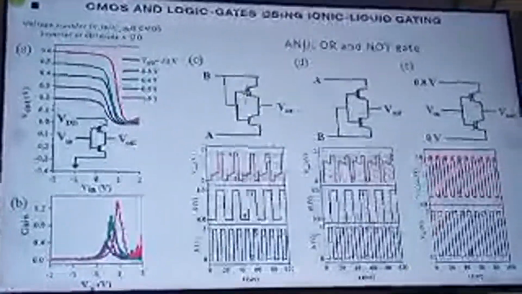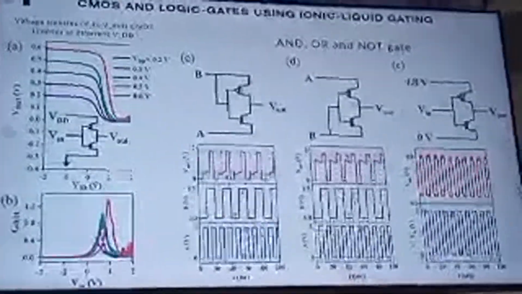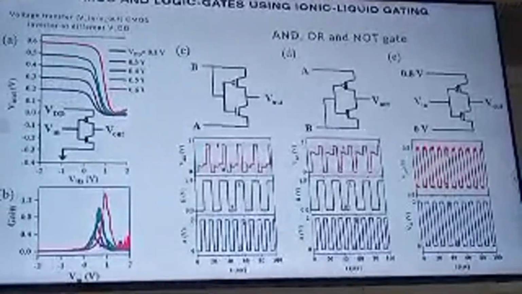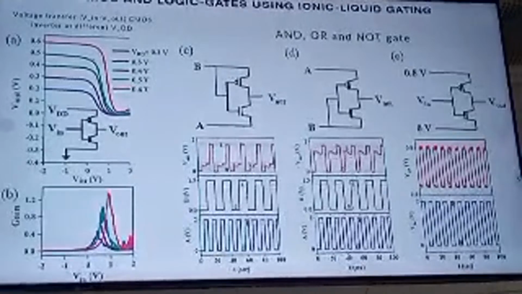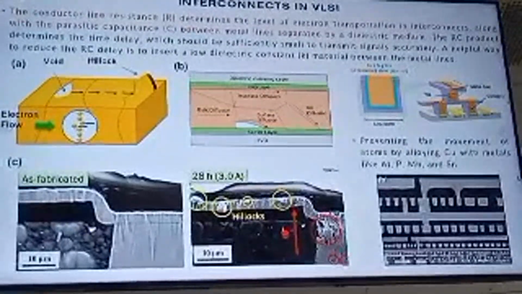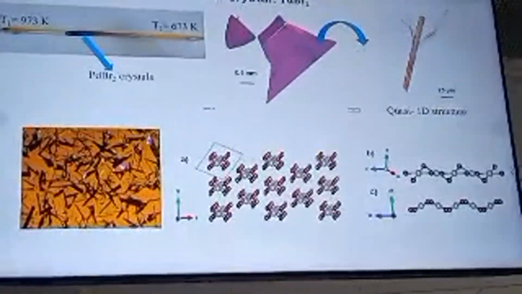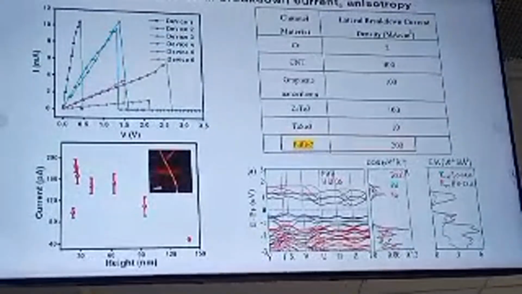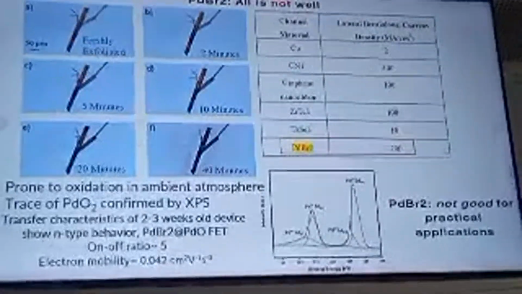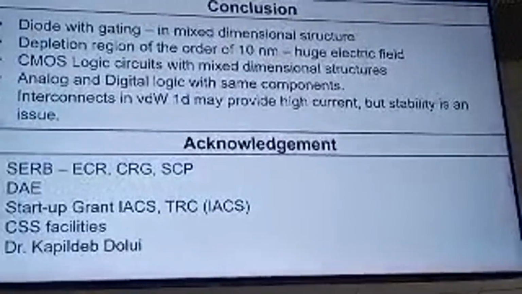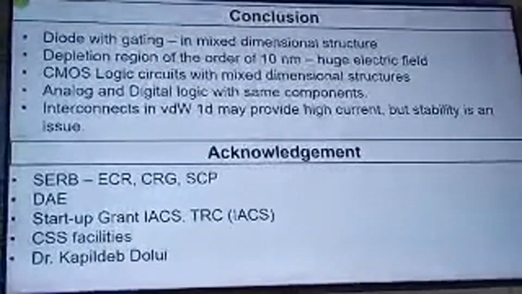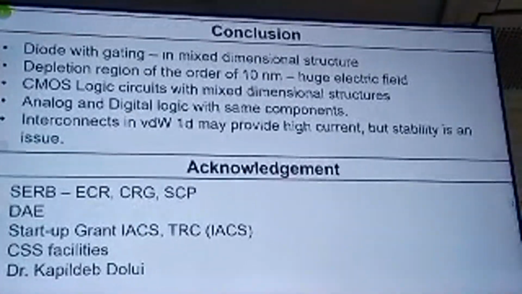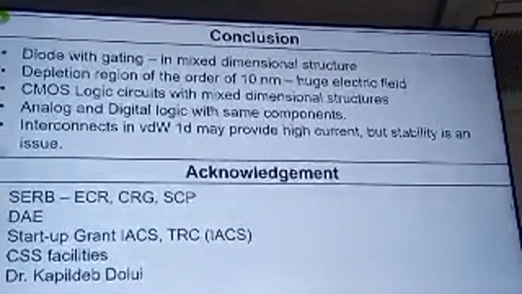I'm not going into the details of the universal gates, the simple AND or NOT gates which you can realize with these systems. Since I'm running out of time, I'm not going into the interconnects, but we have found an interconnect which is good.